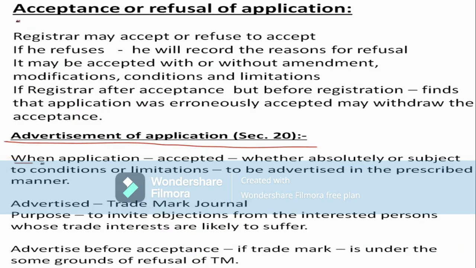So, acceptance or refusal of application: the registrar may accept or refuse to accept.